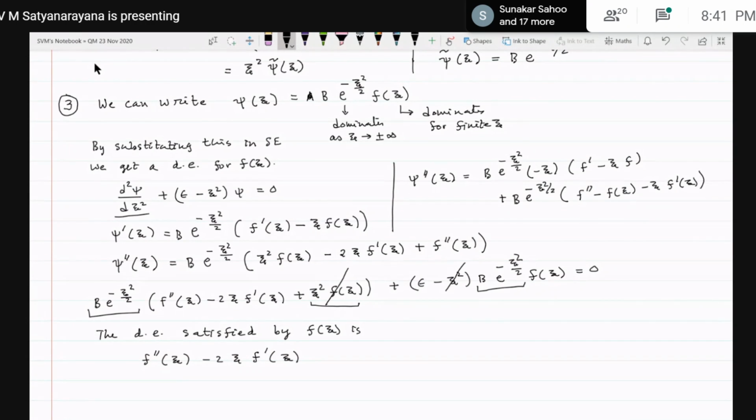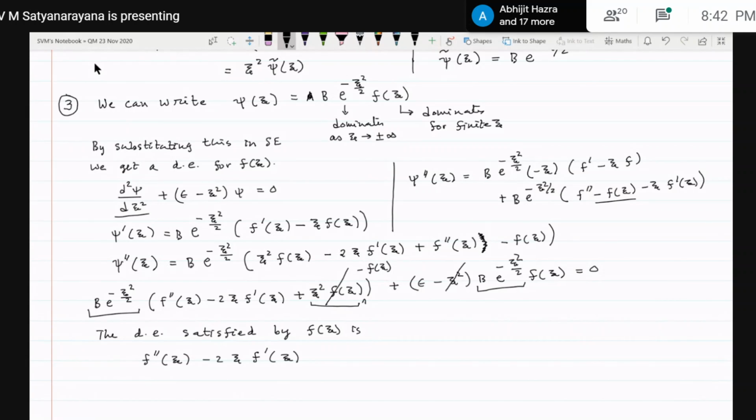Okay, so you can see that there is one term, minus f of xi, which I have missed here. So that means here I have an additional term called minus f of xi.